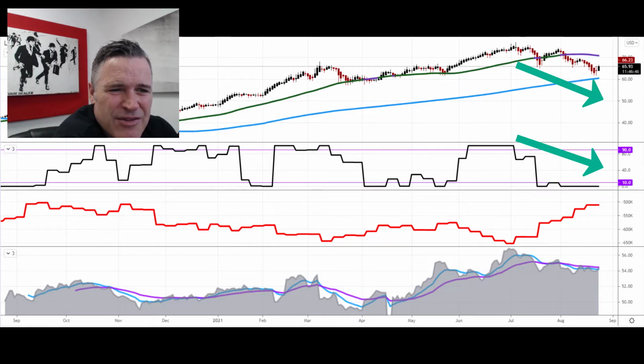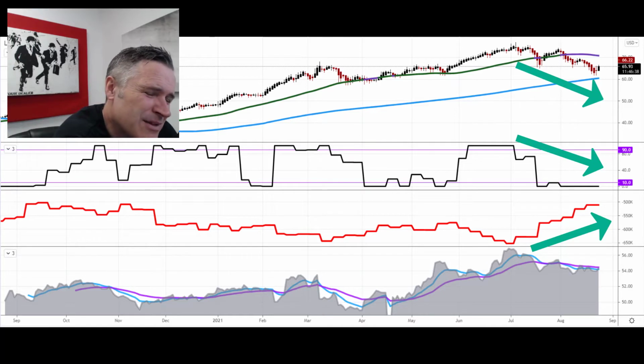And we can also see from the red line, as the commercials have increased, the price also coming off. So at the moment the COT, the commitment of traders information, is giving us a bearish viewpoint.